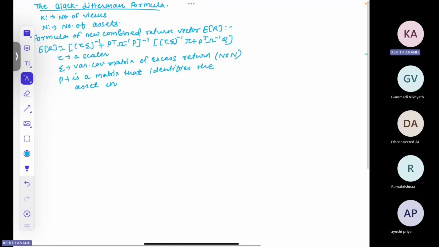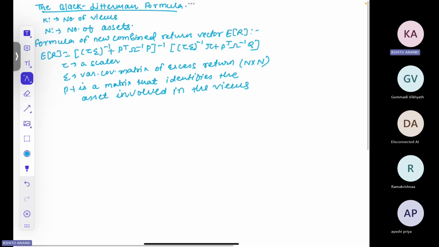So this matrix, for example, there can be k views. So let us say there is a matrix first. There are k views, so it will be k, and there are n assets, right?